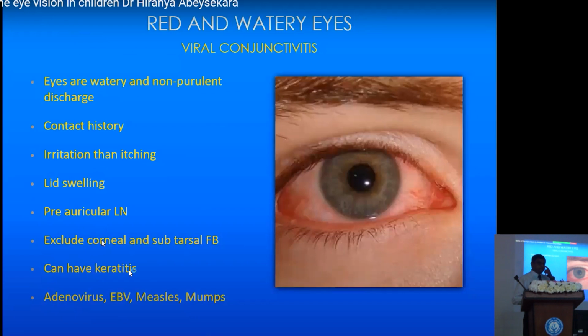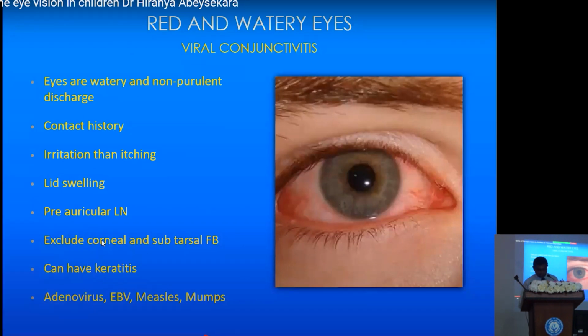Because anyway, the undersurface of the lid will be slightly reddish. You will not know whether it is normal or not unless you see lots and lots of normal patients, right? So in normal babies also, you can just do like that and see. In conjunctivitis babies, when you shine your torch into the fornix, you will see the follicular reaction.